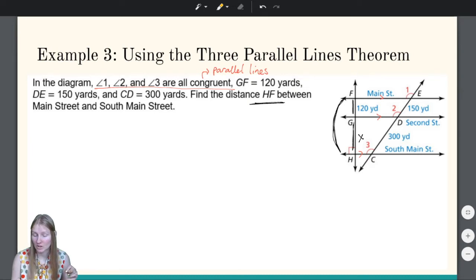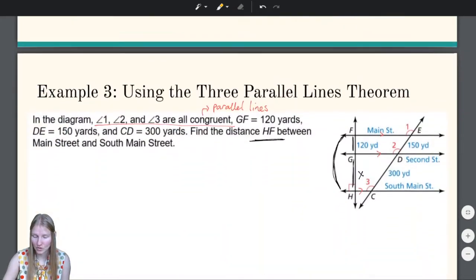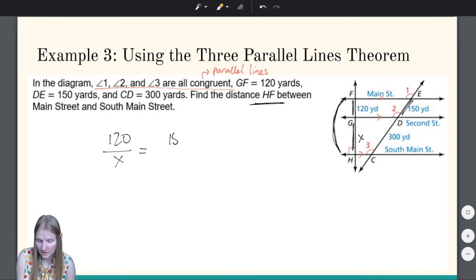But what I do know is that because I have three parallel lines intersecting two transversals, they divide the transversals proportionally. So I know that the ratio of lengths in one transversal, 120 to x, is equal to the lengths in the other transversal, 150 to 300.